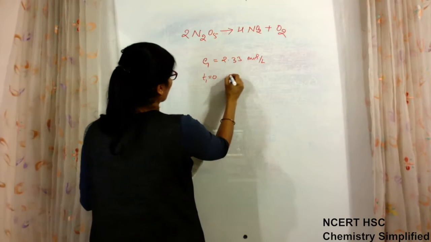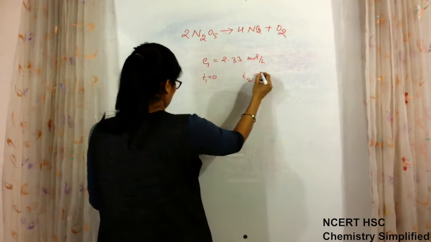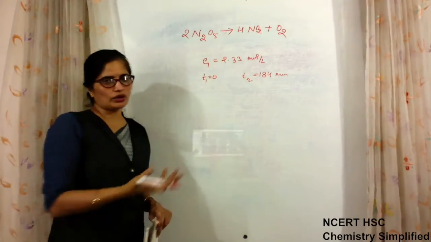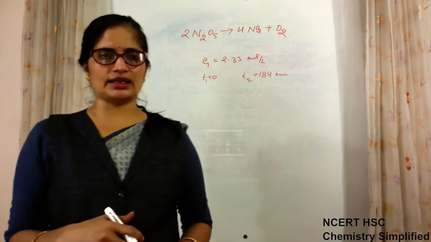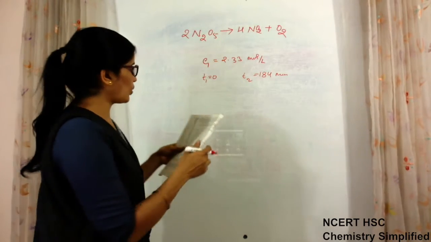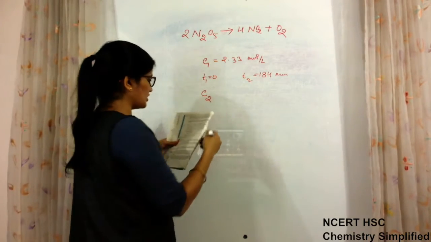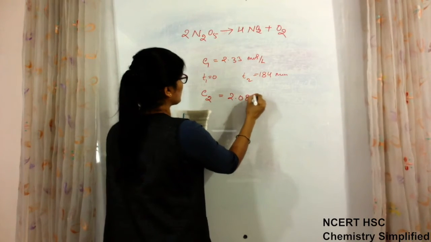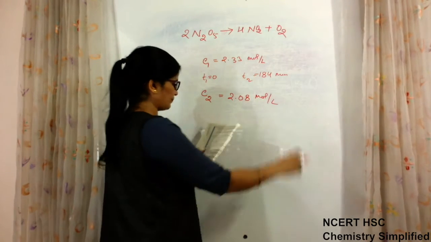And after time T2, the time is 184 minutes. If the initial time is not given, that means it is 0. We are taking a starting point. And after 184 minutes, the concentration, that is C2, becomes 2.08 moles per liter.